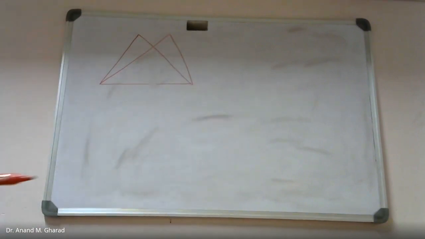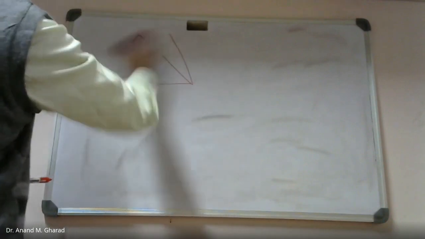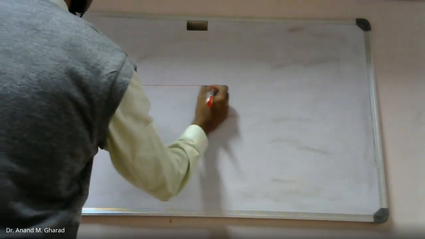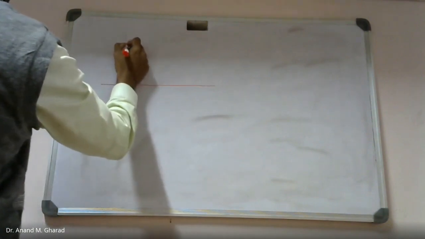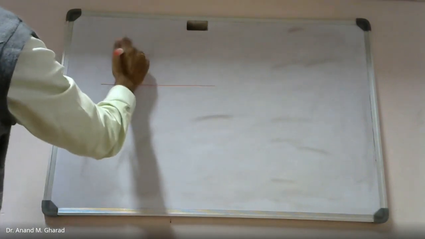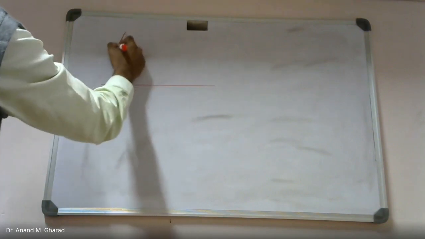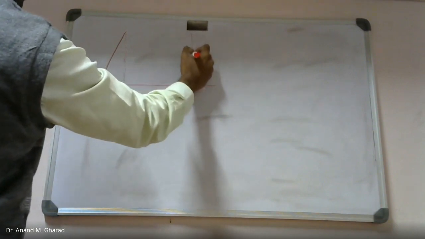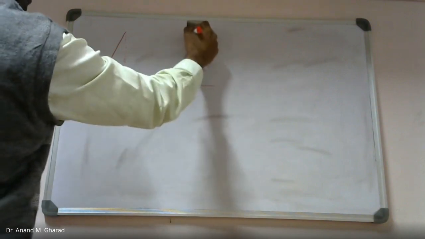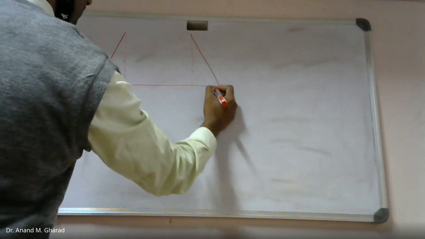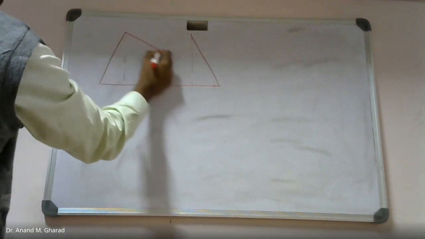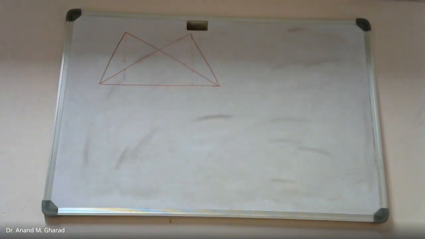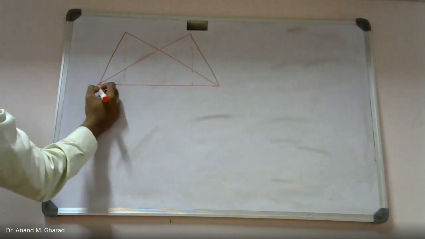Over here and somewhere over here. This is a roller support over here.